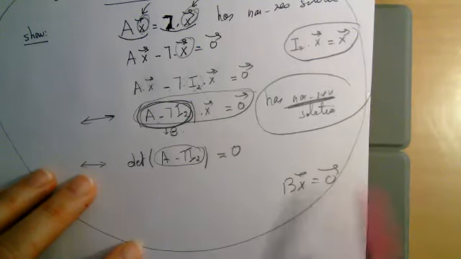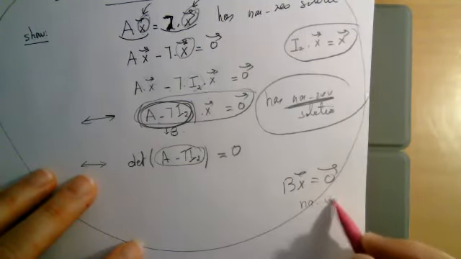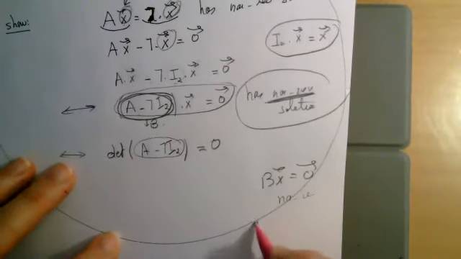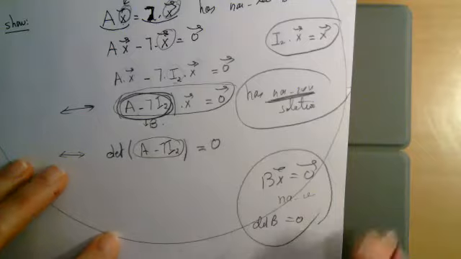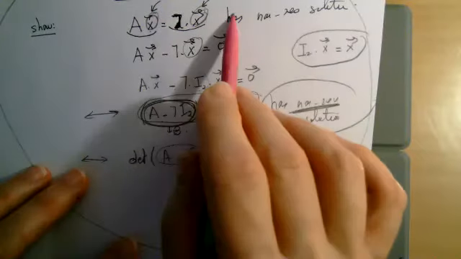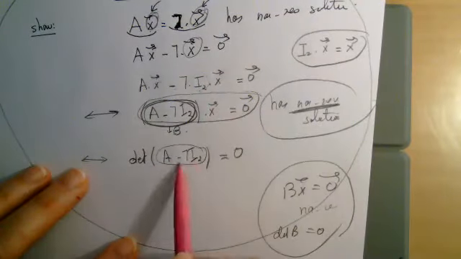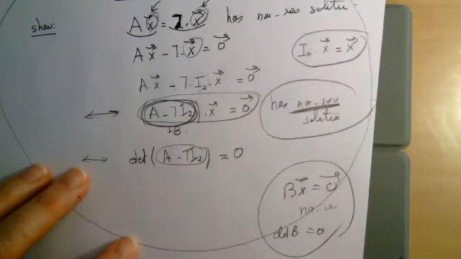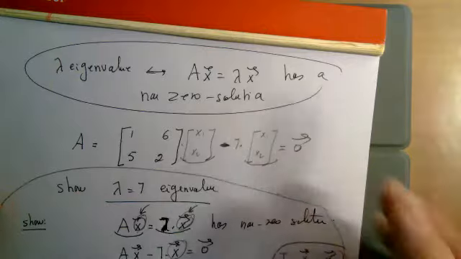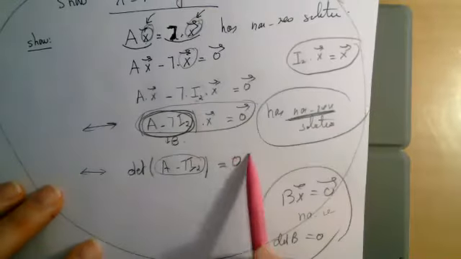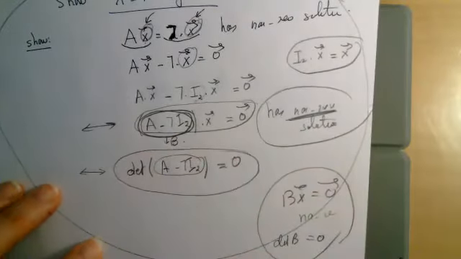It has a non-zero solution if its determinant is equal to 0. And that's the fact I use. So this will have a non-zero solution if the determinant of A minus 7I2 equals 0. So now to check whether lambda equal to 7 is a solution, I only have to study the determinant of A minus 7I2. And if it's 0, it means it is an eigenvalue.